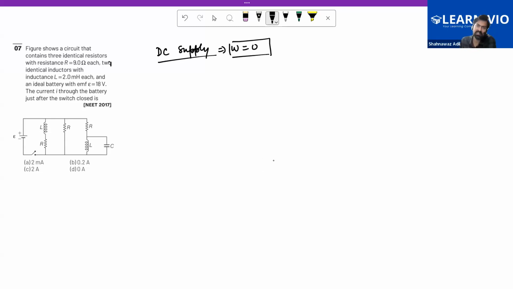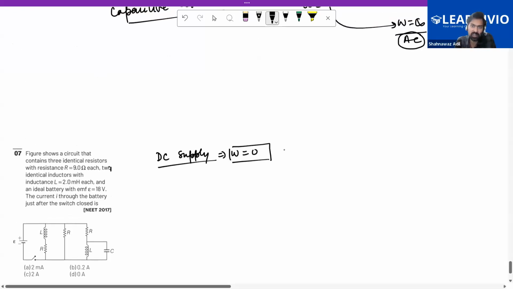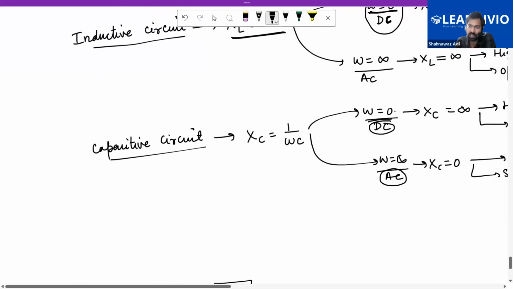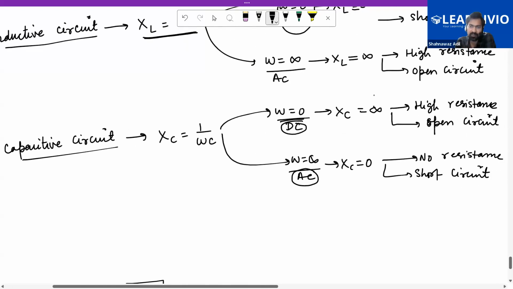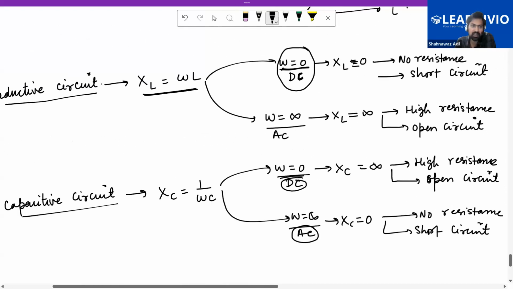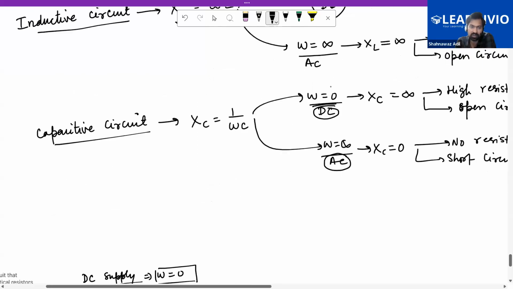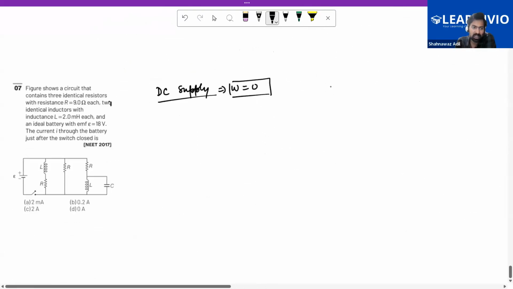So for DC supply, we have already discussed that. Capacitive will be open circuit, and inductor will be a short circuit, right? Inductor will be a short circuit, so this is short circuit, and this one is an open circuit, right?